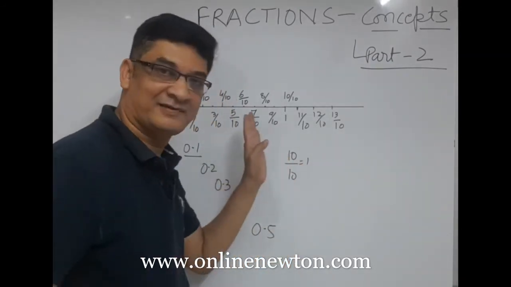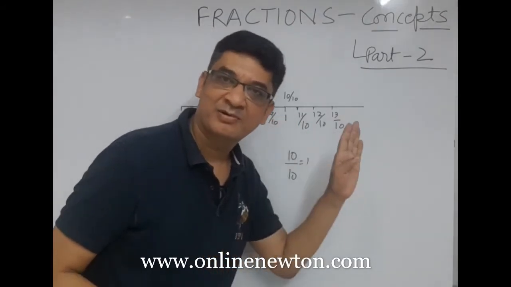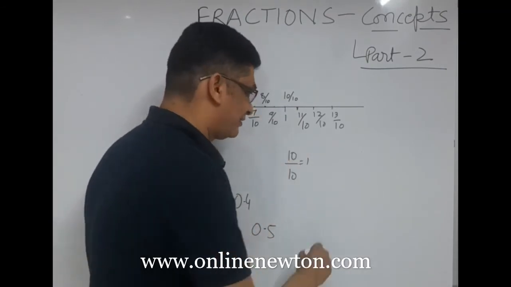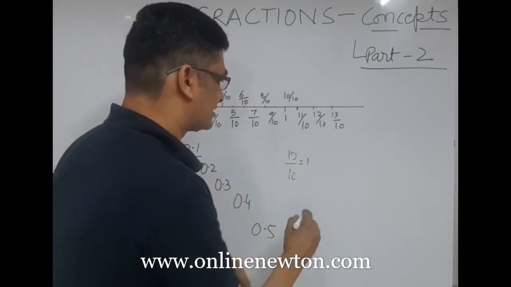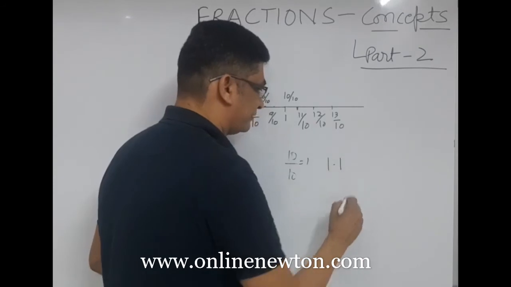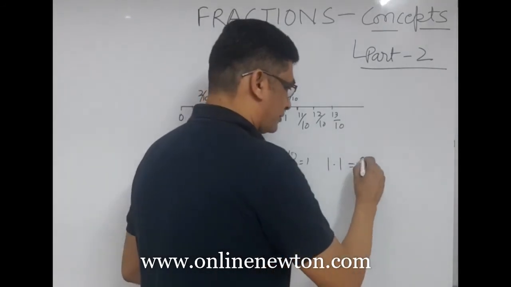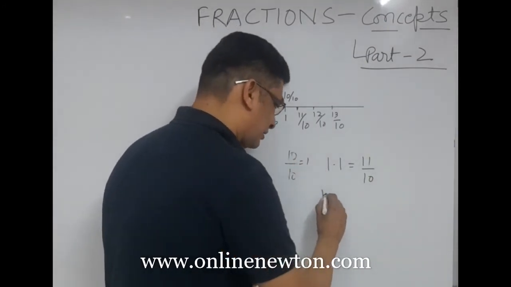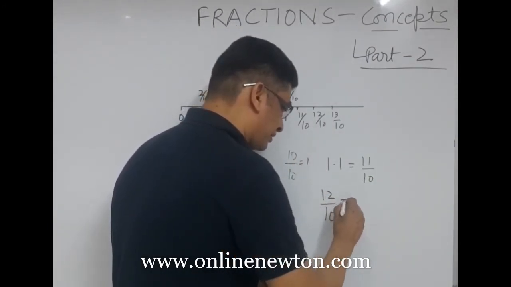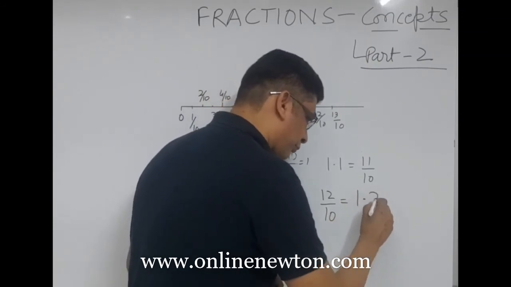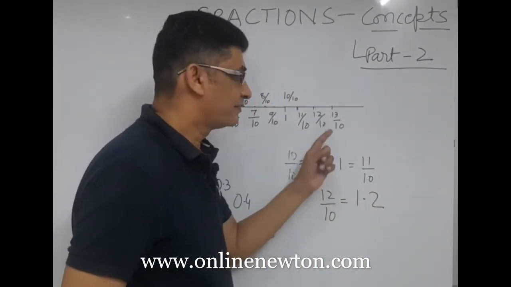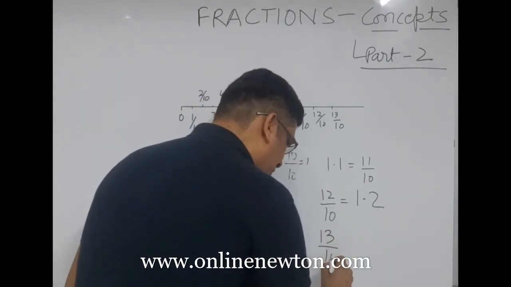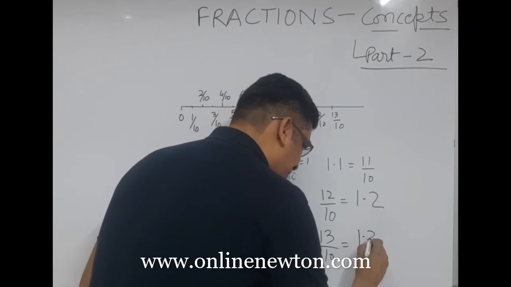Now what happens after this? What happens with the improper fractions when it is more than 1? 11 by 10 is represented as 1.1. Next is 12 by 10. So 12 upon 10 is written as 1.2. 13 by 10 is written as 1.3.